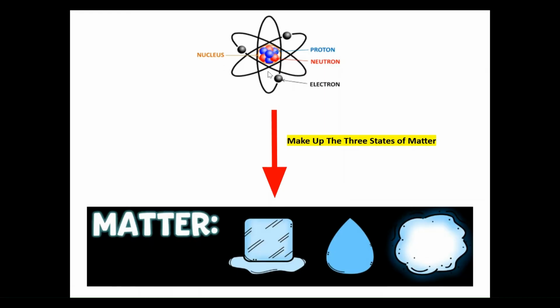Atoms bundled together give mass and weight to solids, atoms give mass and weight to liquids, and atoms give mass and weight to gas. So, in summary, atoms make up the three states of matter.